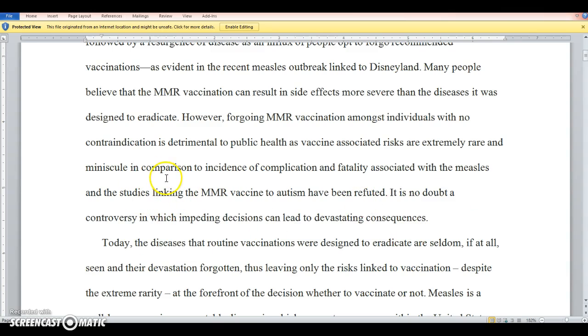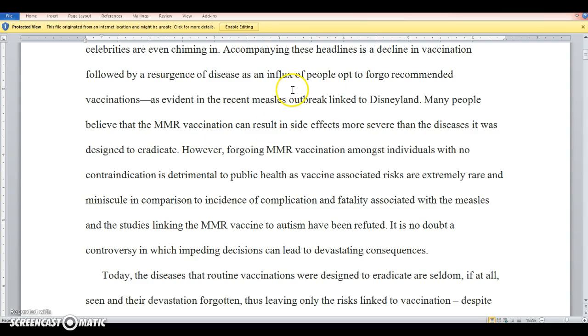However, the biggest issue I saw in this example, if anyone wants to go and read it, is that Emily is using the surprising reversal structure, but she's kind of muddling the presentation of that counterargument in the actual body of the essay. So for example, her surprising reversal here is that many people believe that the MMR vaccination can result in side effects more severe than the diseases it was designed to eradicate, and then she reverses that into her own thesis.